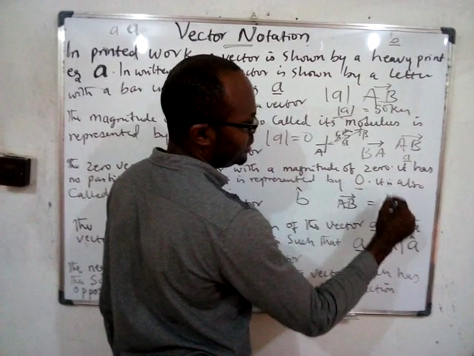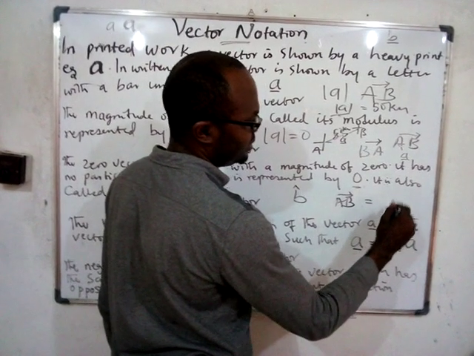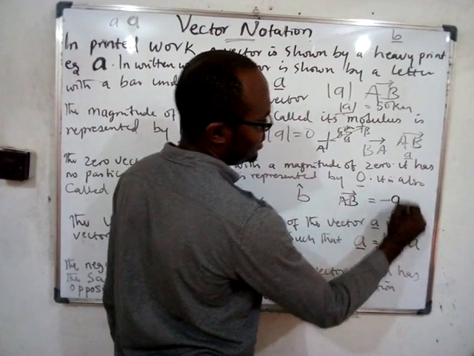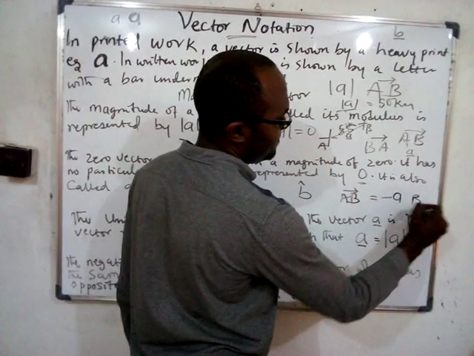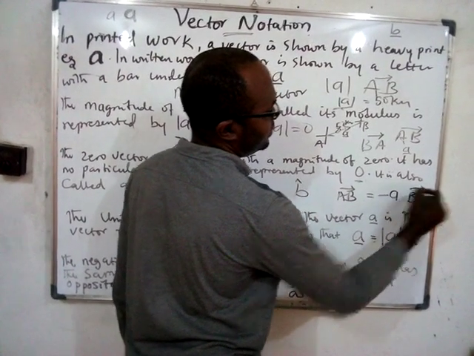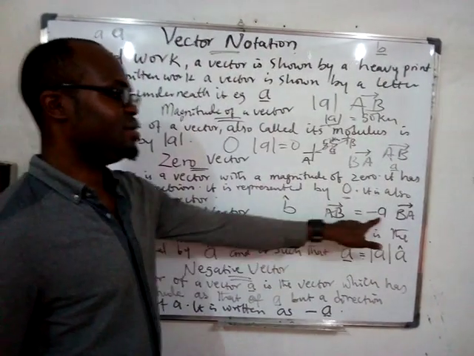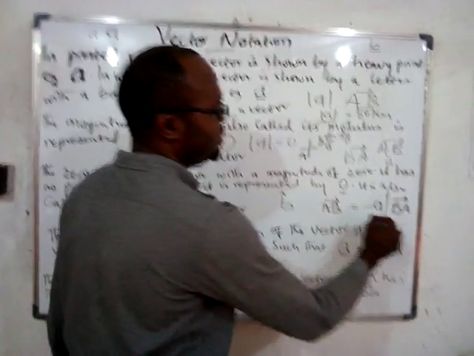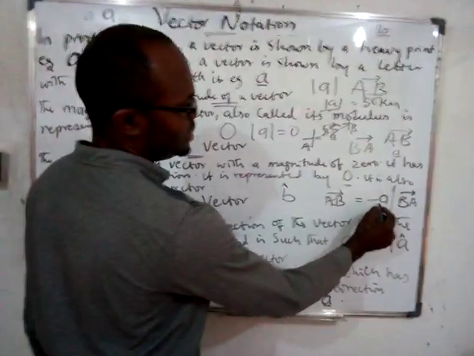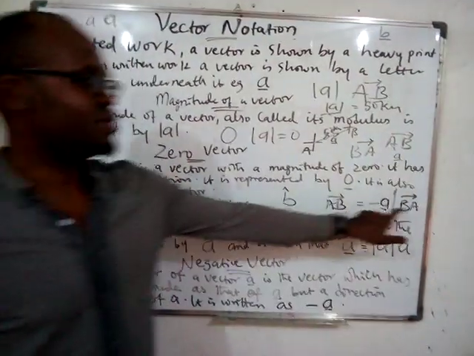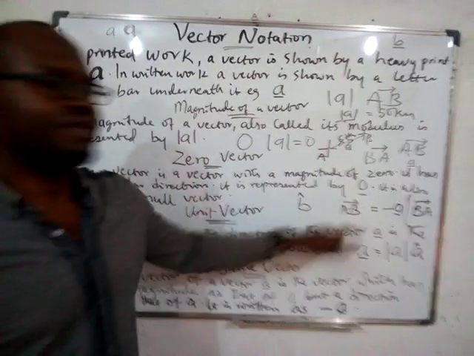The opposite is either you say minus A or BA with this. So this is the negative vector of this, or you can also represent it as this with an underscore. So these are two ways of representing the negative of this vector.